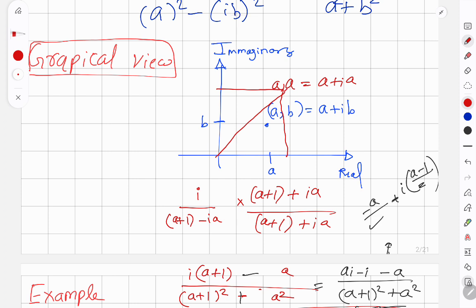If you want to cancel this term, you have to add it with negative a, negative ia. So that will lie over here. Then you can cancel it. Okay.